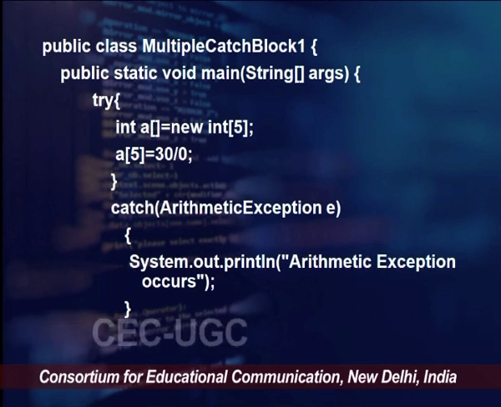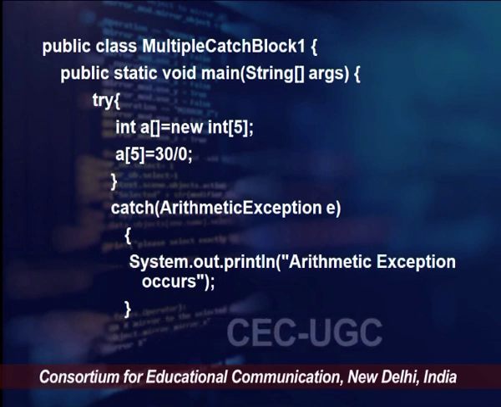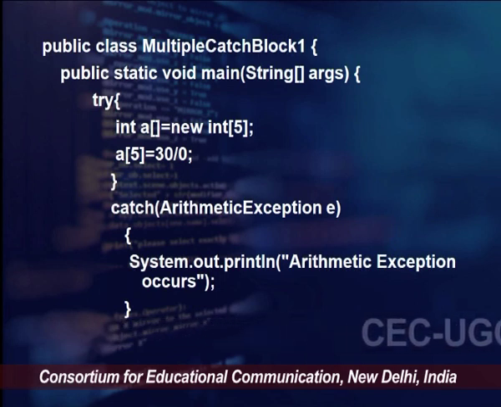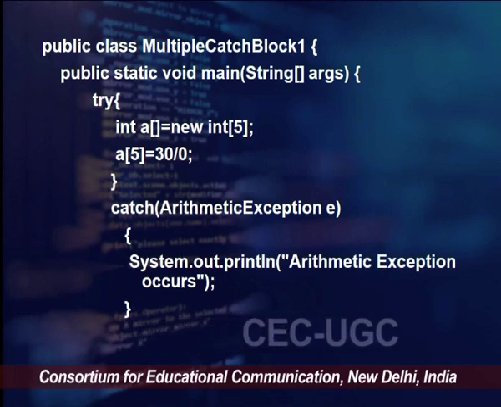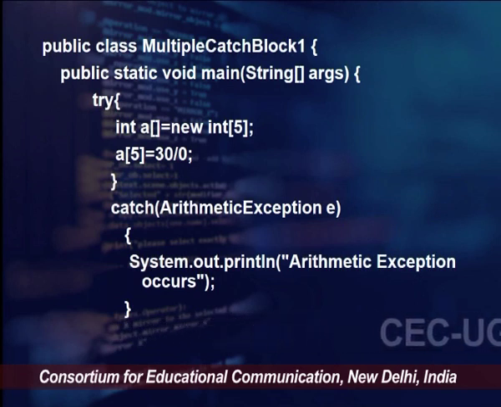Then A[5] = 30 / 0. Here, two things are happening. One is an array being created with a total size of 5, but the index goes from 0 to 4.